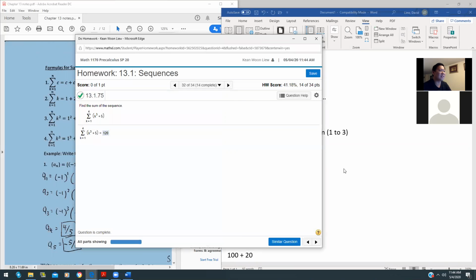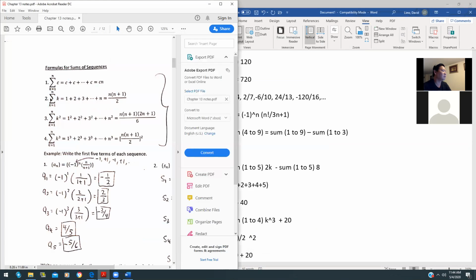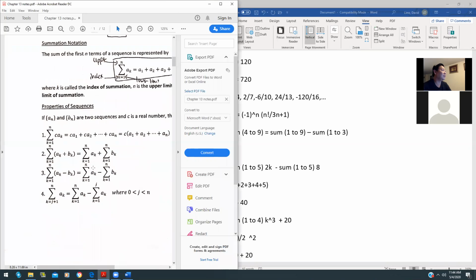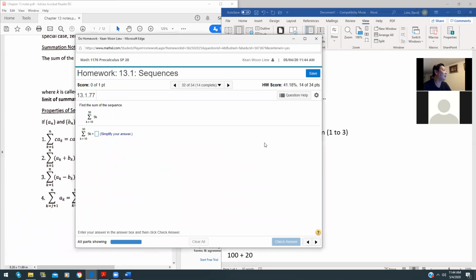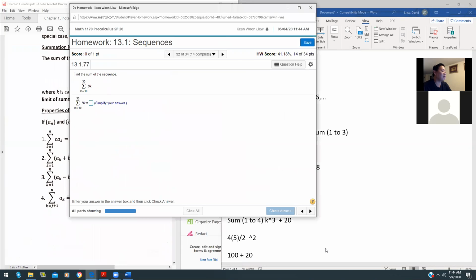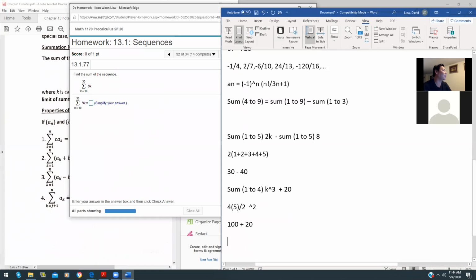You guys know how to use this formula now? Okay, it's very important. And the last one that we do here before we move on, because we're running out of time already, is this. In order for you to do this part, because of the 10 here, you actually have to do the sum from 1 to 30 of 9k minus the sum from 1 to 9 of 9k.